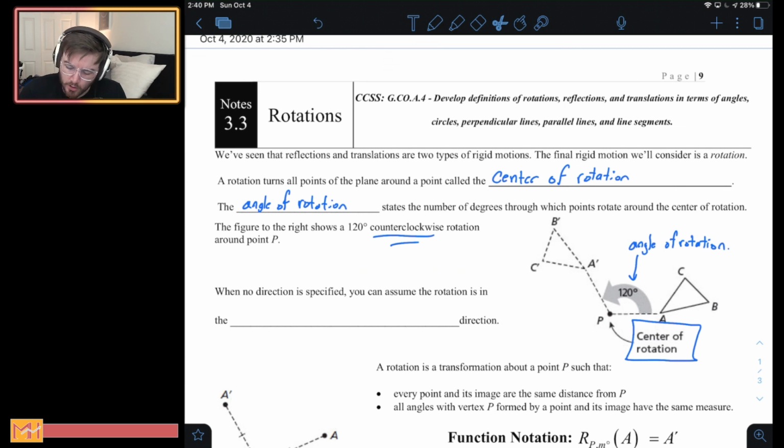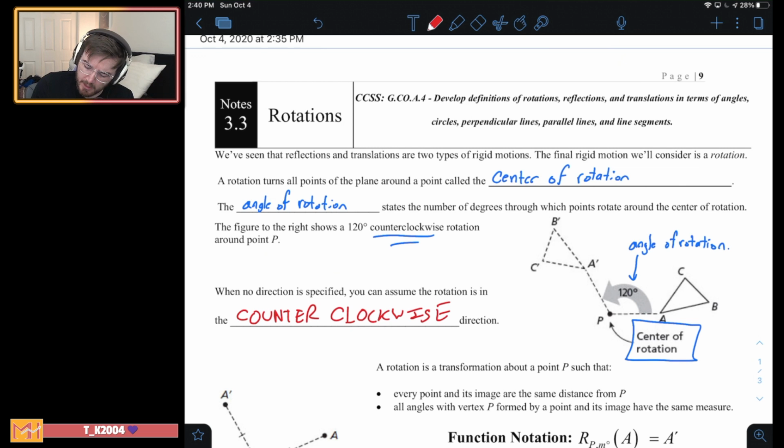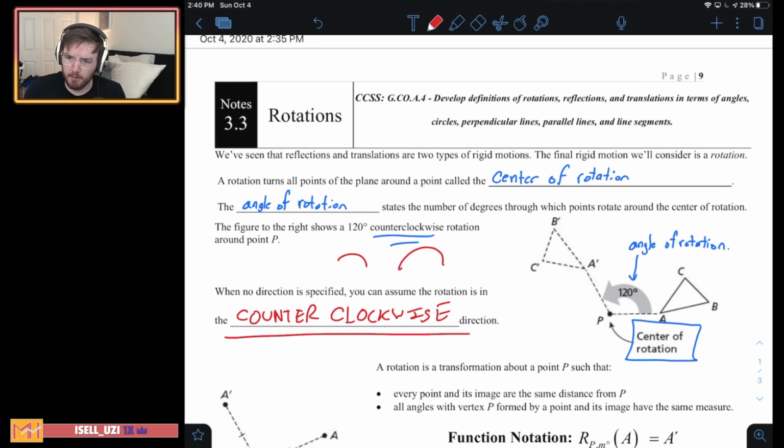So when no direction is specified, you can assume the rotation is in the counterclockwise direction. That's pretty big right there, right? There's a big difference between turning 90 degrees this way as opposed to 90 degrees that way, right? There's a big difference between the two. So we're going to safely assume that if it doesn't tell us, we're assuming counterclockwise, okay?